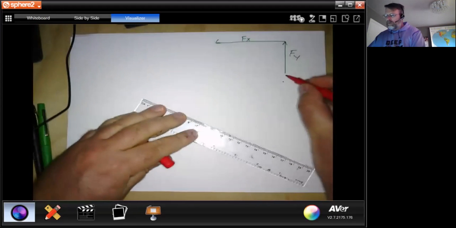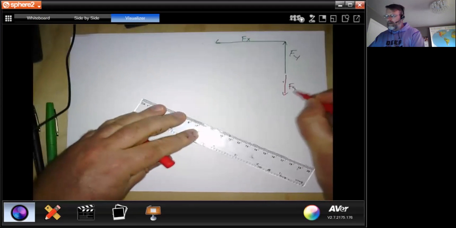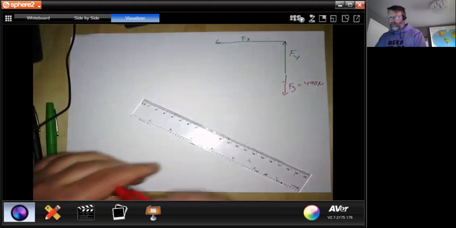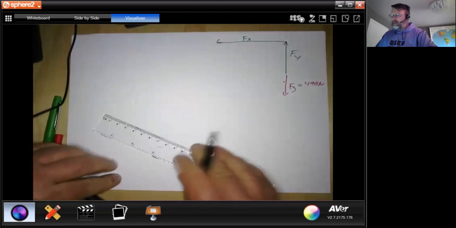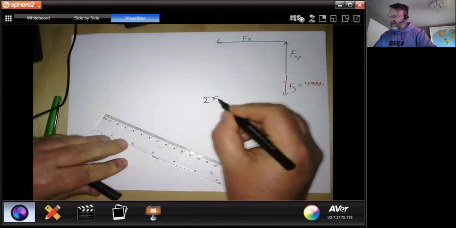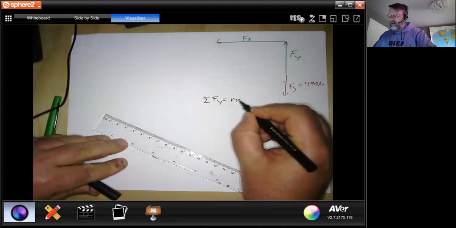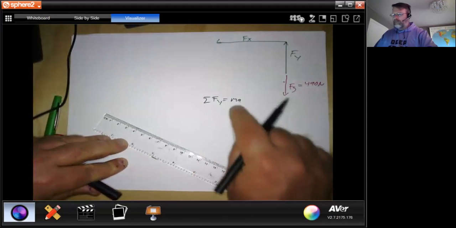And we knew that the force of gravity right here is that. So now we've broken everything up into our X and Y components. We can go through and find our Newton's second law.